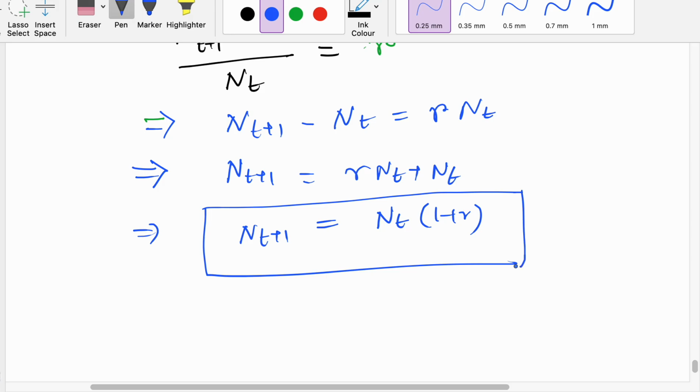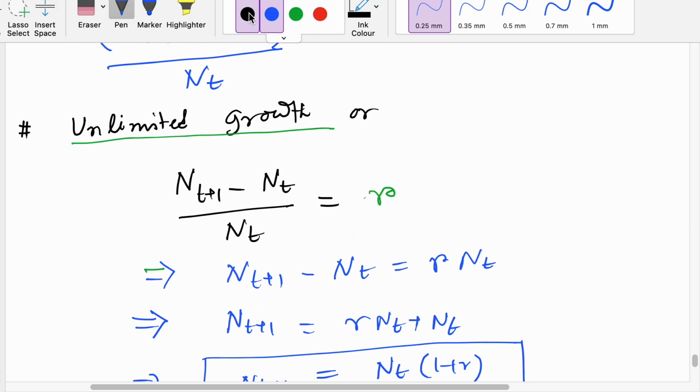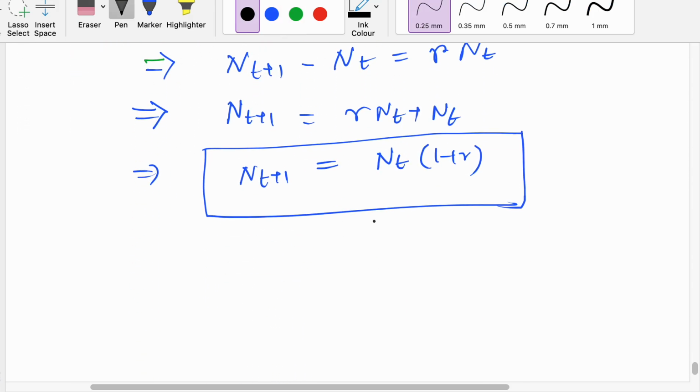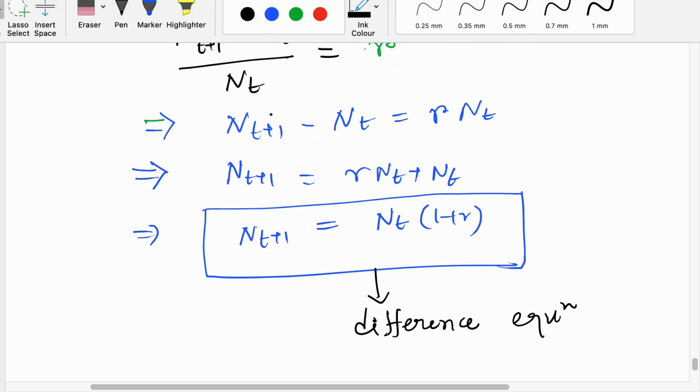The previous equation is called the differential equation. This one is called the difference equation because we are dealing with the difference of the population size of the current and the future generations.